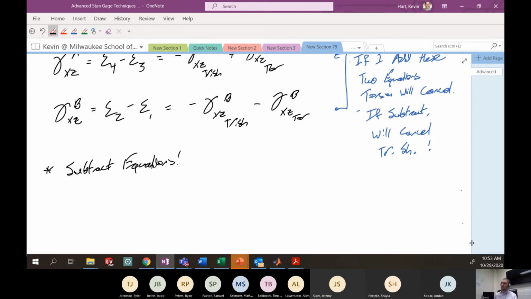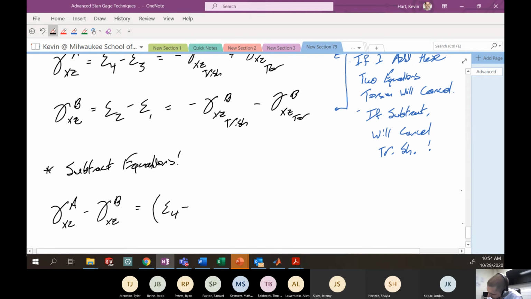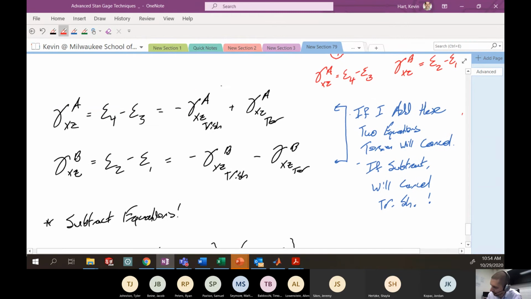Okay, so let's do that. The shear strain at A minus the total shear strain at B is going to be equal to the measurements that we get from those gauges. But because we're subtracting, I'm subtracting this term from this term, and since they're the same magnitude, they'll just cancel out.